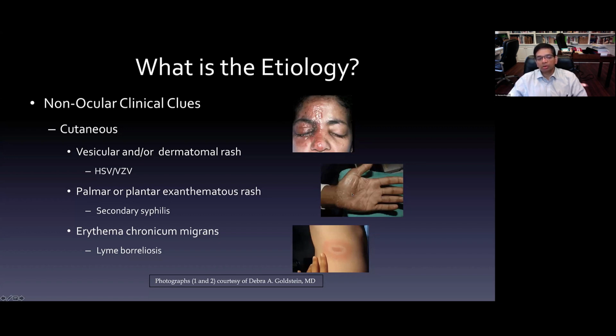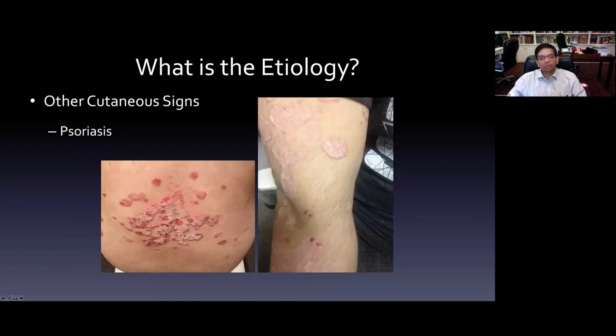And in the second picture, if the patient has this desquamating kind of erythematous rash, well, I wouldn't shake hands with that patient, because they probably have active spirochetes that they're going to share with you. So this patient most likely has post-primary syphilis, and the inflammation that you see in their uveitis is likely due to syphilis. And then if they have this kind of a target lesion, or this erythema chronicum migrans lesion from a tick bite, that may suggest underlying Lyme borreliosis.